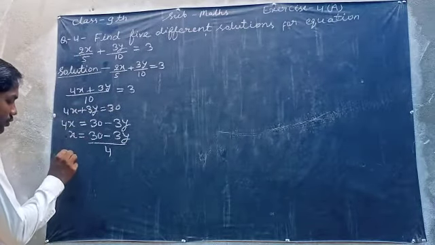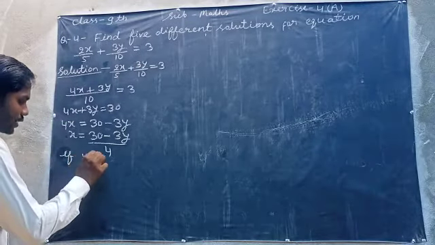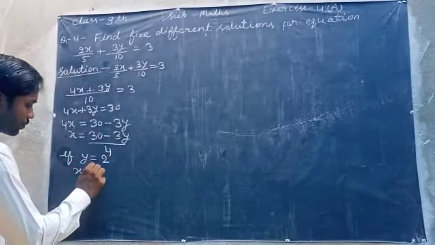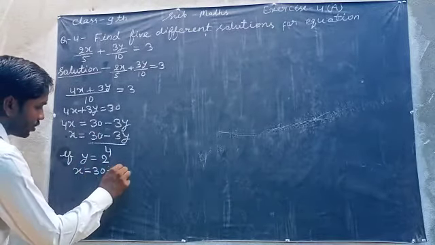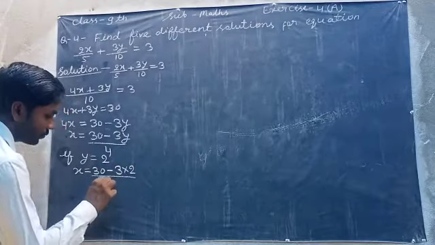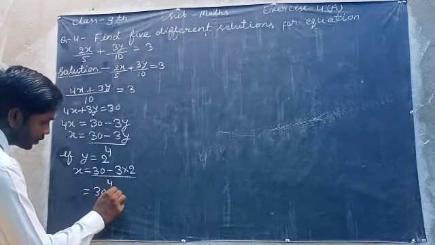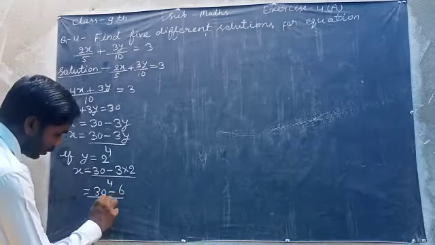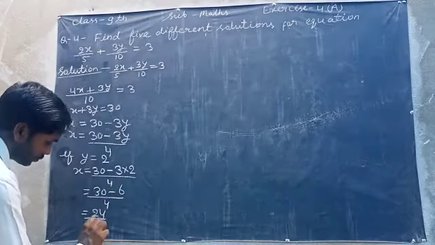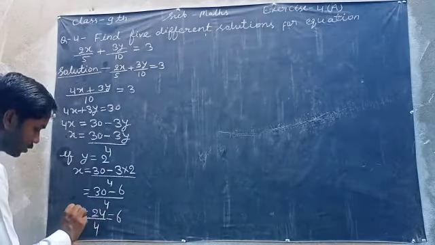So if y is equal to 2, then x is equal to (30 minus 3 into 2) upon 4. This is (30 minus 6) upon 4, which is 24 upon 4, and 24 upon 4 is 6.